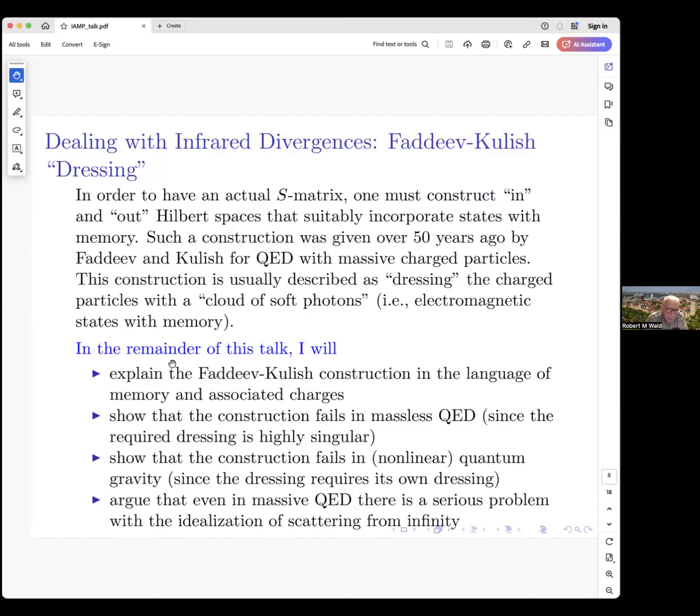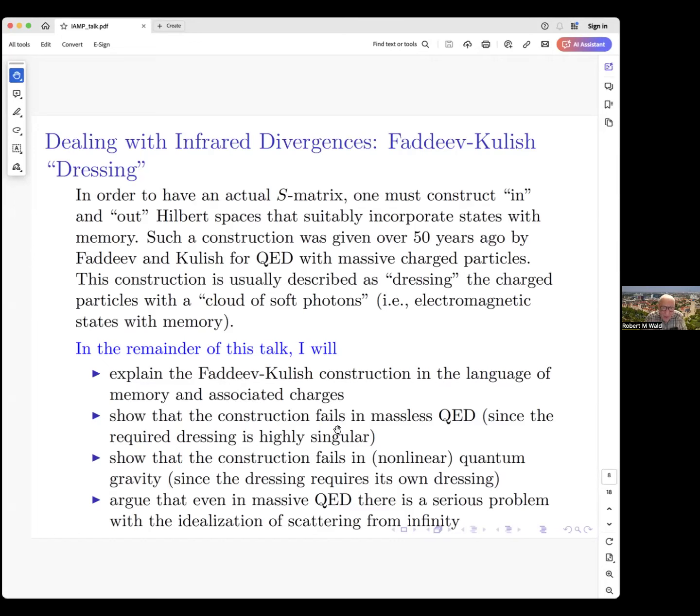And what I'm planning to do in the remainder of the talk is first formulate this Faddeev and Kulish construction in the language of memory and charges associated with memory, or charges really associated with large gauge transformations. The large gauge transformations are closely related to both the memory and these charges that I'll be talking about.